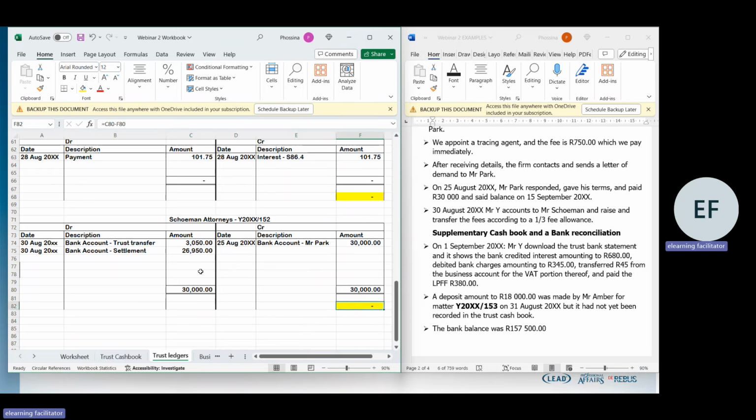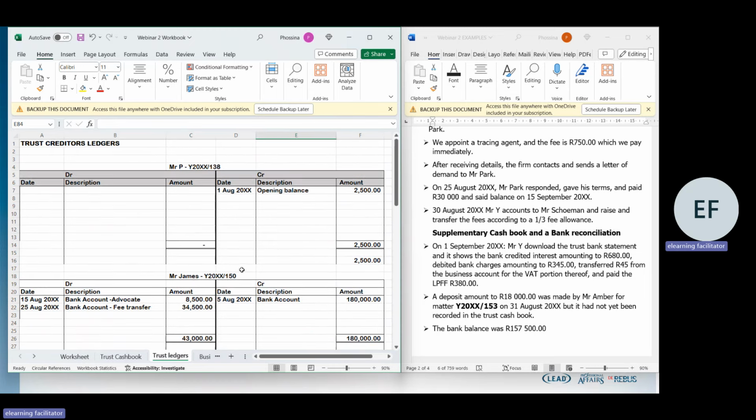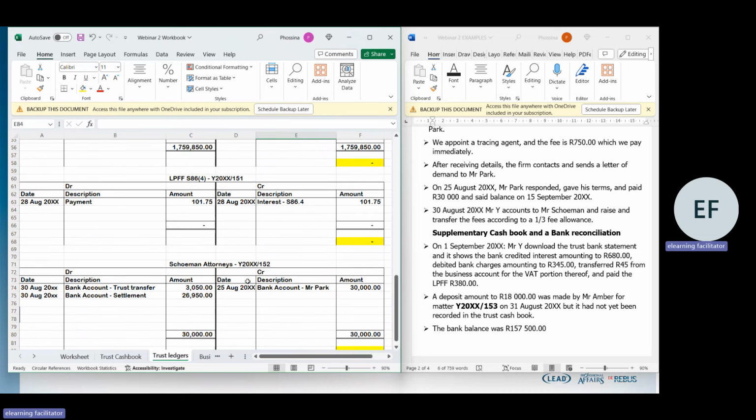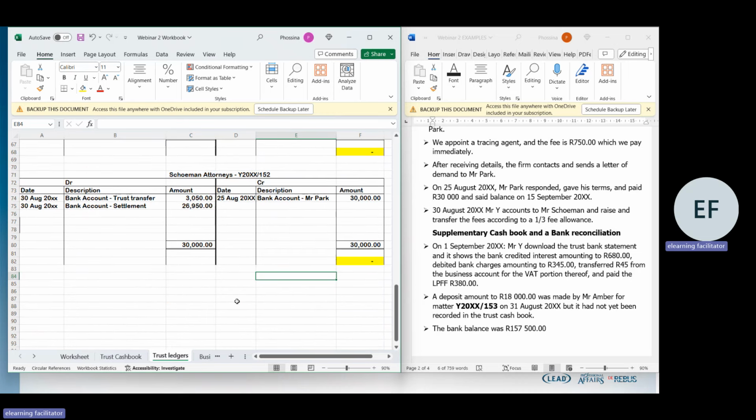If we're going to pay this matter on the 1st, then you would find it would spill over to the 1st of September, or if we're going to pay on the 5th, it would spill over to the 5th of September. Okay, happiness. This is how we record. So with our trust transactions, you can see these are our ledgers, everything looks perfect. And then we are done.